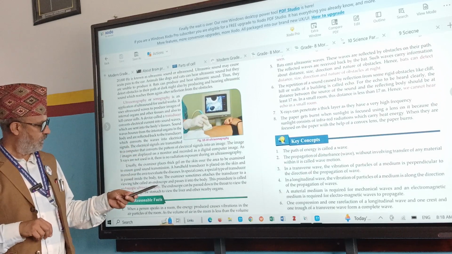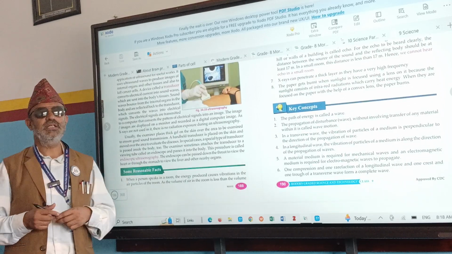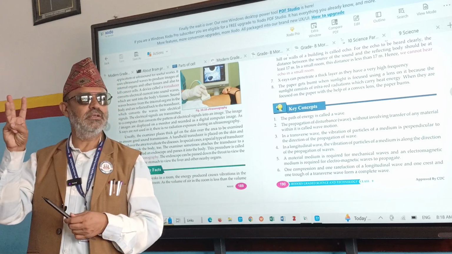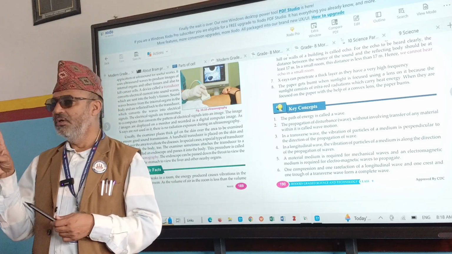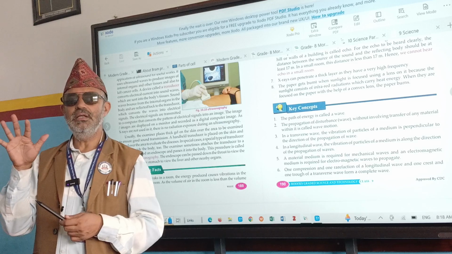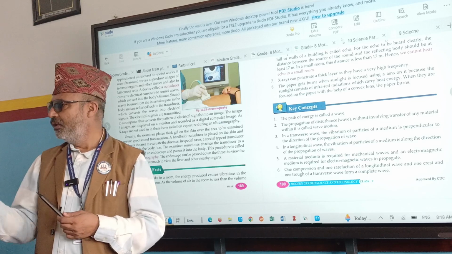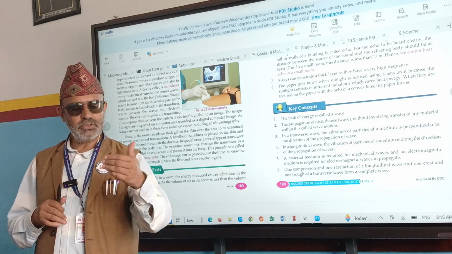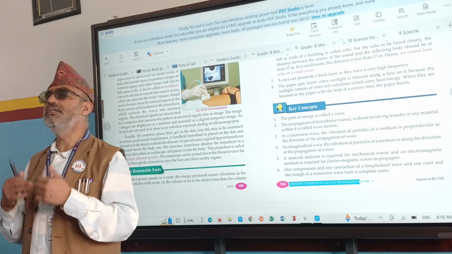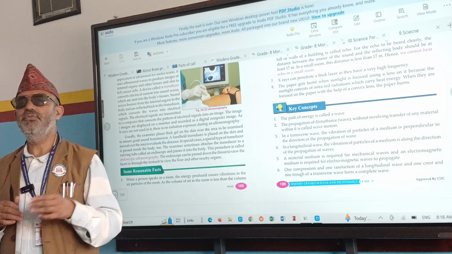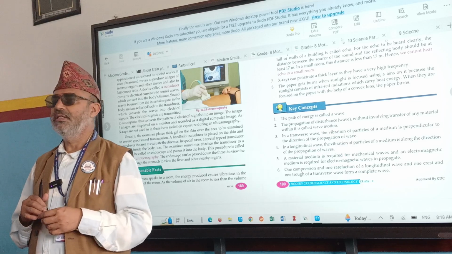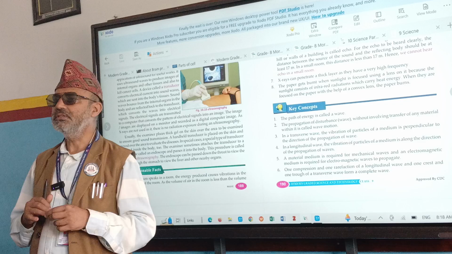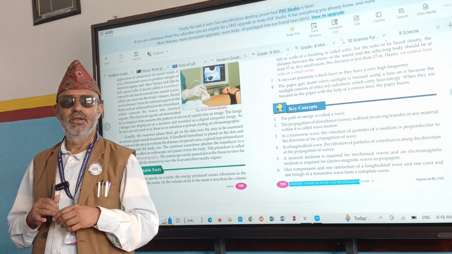Ultrasound. So here we have to know about infrasound, ultrasound, and audible sound mainly. How many types of sounds are there? Three types: ultrasound, infrasound, and audible. Whatever sound we hear, that is audible sound. But there are some sounds which we cannot hear. We may feel them. That sound is called infrasound. An example is the sound produced by an earthquake.